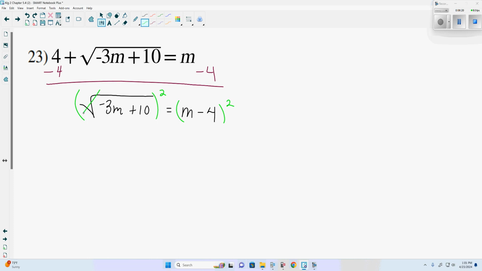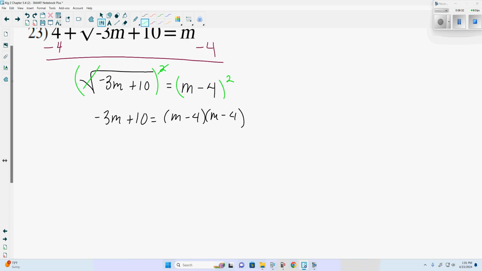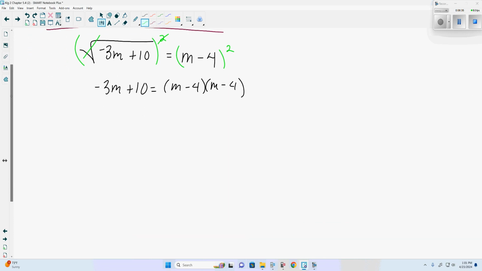On the left-hand side, our square root and the square would cancel, telling us negative 3m plus 10 is equal to, well, m minus 4 times m minus 4. Because we're multiplying it by itself. So we'd still have the negative 3m plus 10.